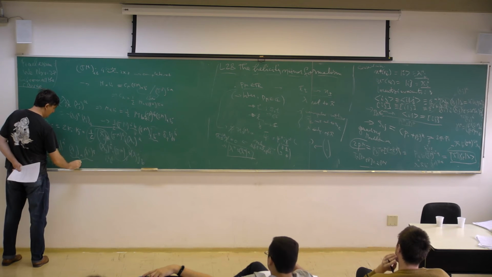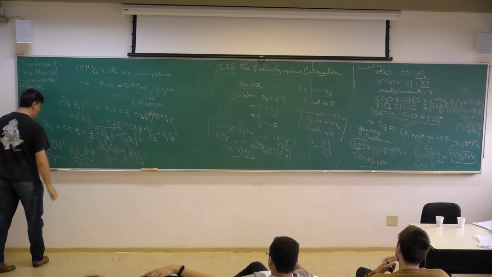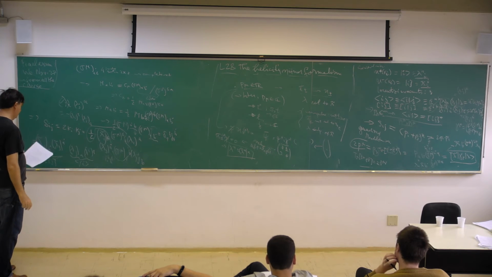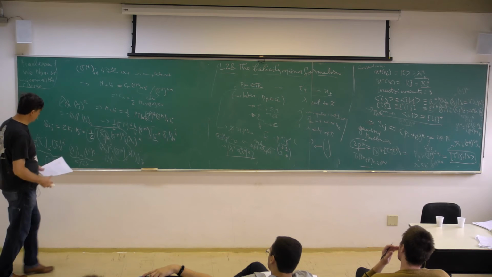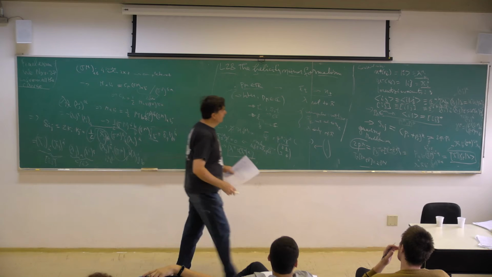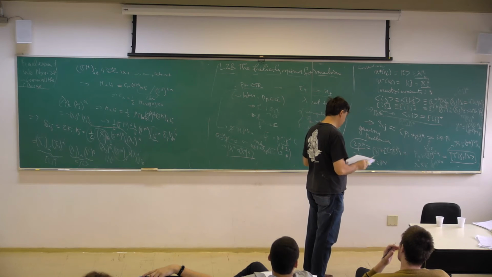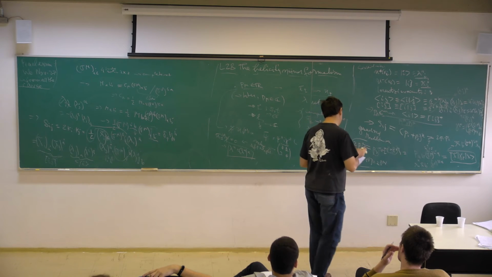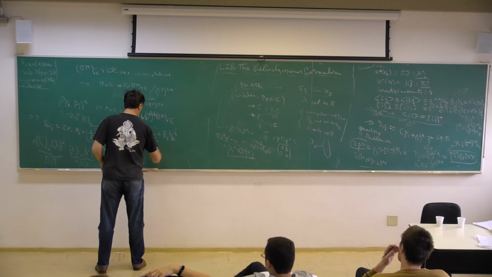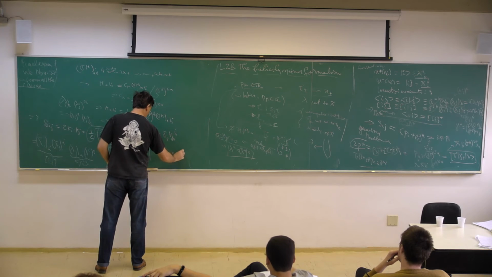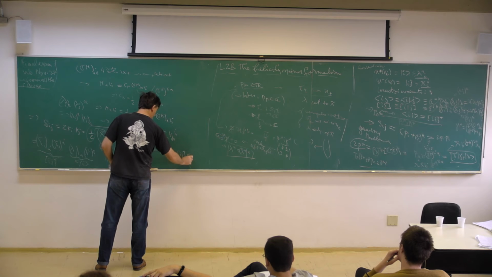So this is ji. No, I actually even wrote it oppositely. It doesn't matter. All right, so we obtain that Sij is equal to ij, ji.